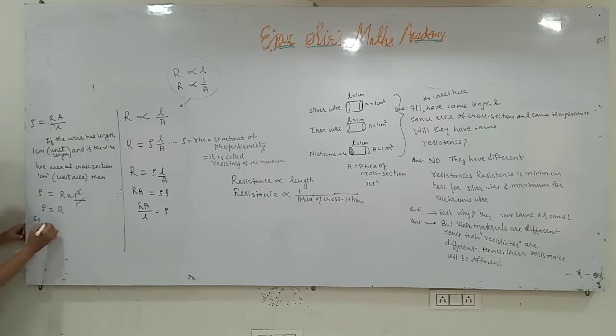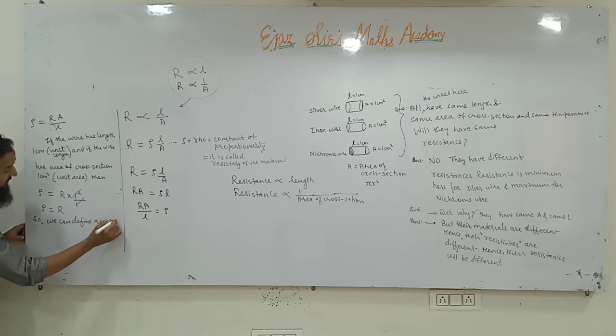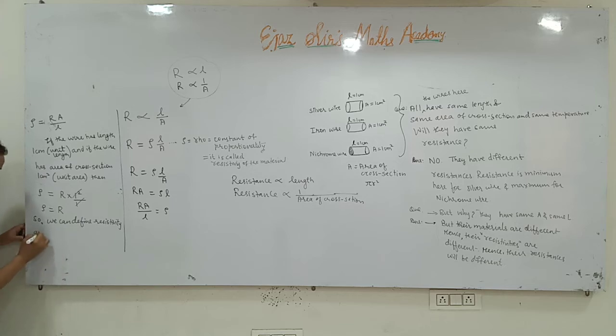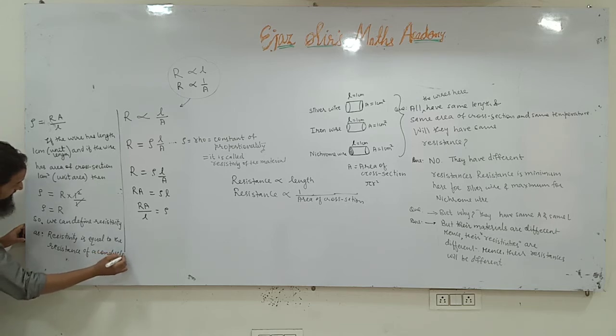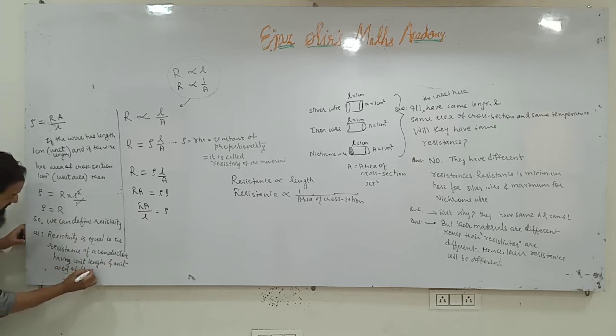So we can define resistivity like this: resistivity is equal to the resistance of a conductor having unit length and unit area of cross section.